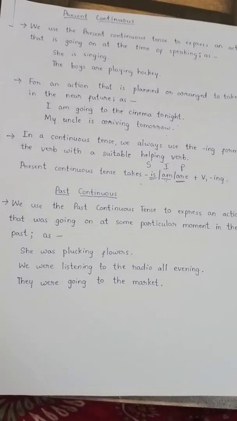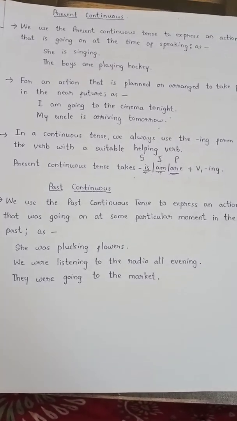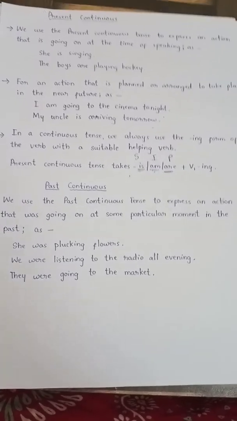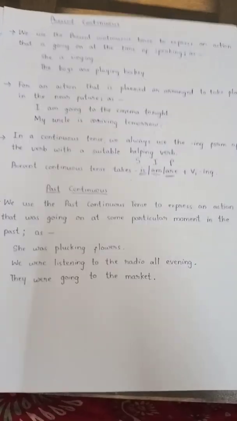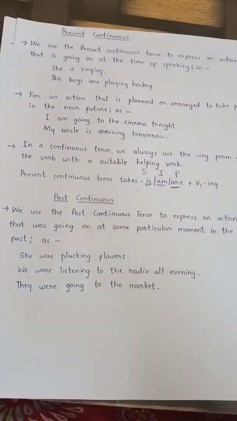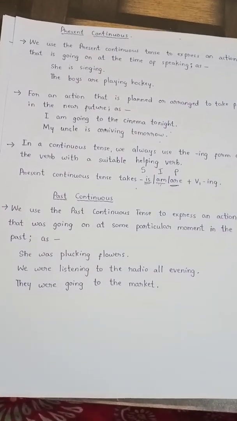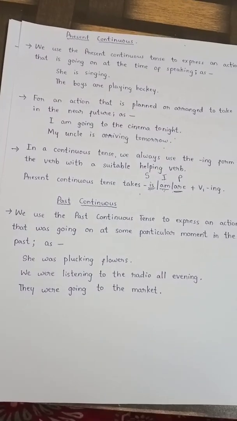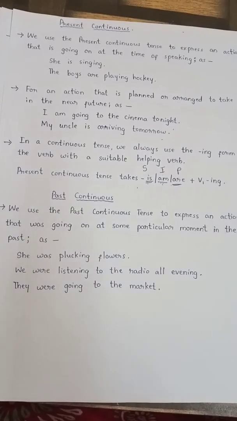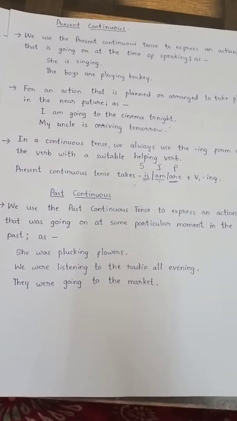So what is past continuous? We use the past continuous tense to express an action that was going on, at some particular moment in the past. So that is past continuous tense.